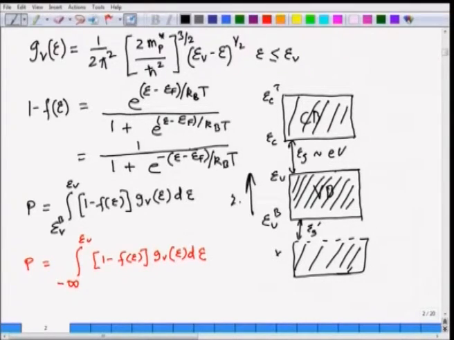If I do the same thing this time and plot GV on this axis, with energy of course increasing this way, and I take this expression and plot it right here, then this goes as a square root of energy, and up to EV, for E equal to EV, the density of states is 0, right here it is 0, and then as you go down in energy, this increases as a square root, exactly the same argument as given earlier.